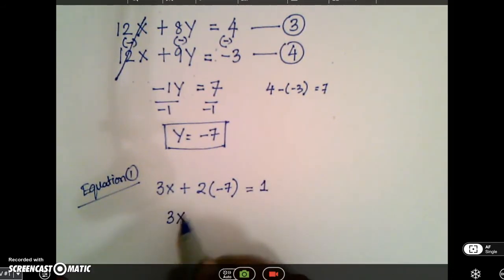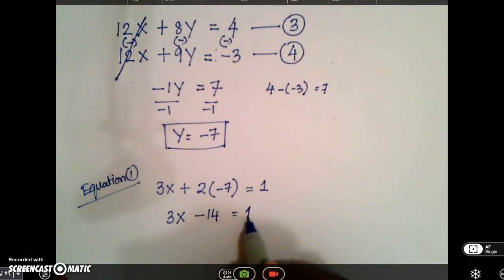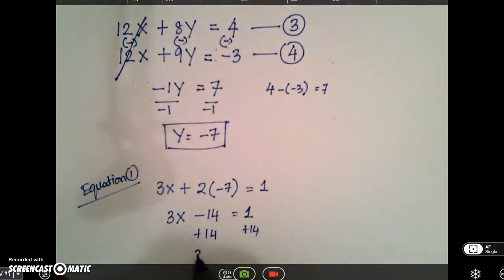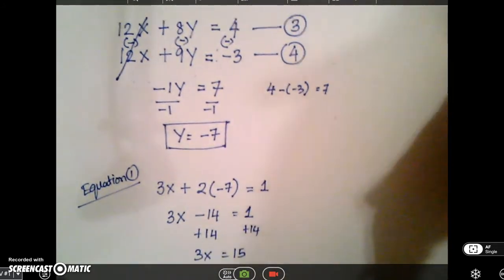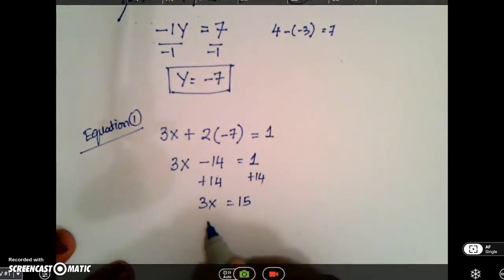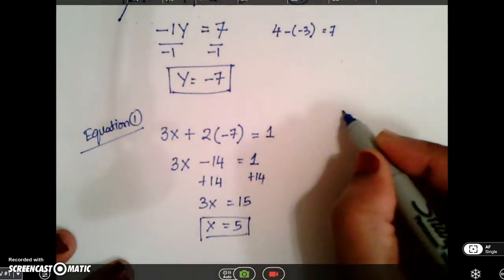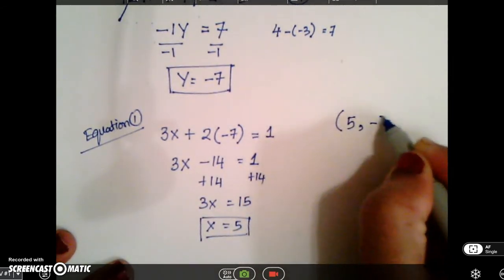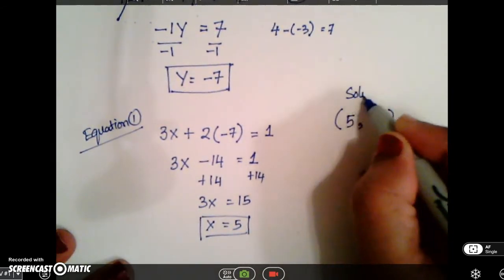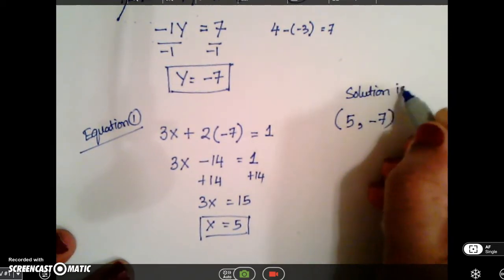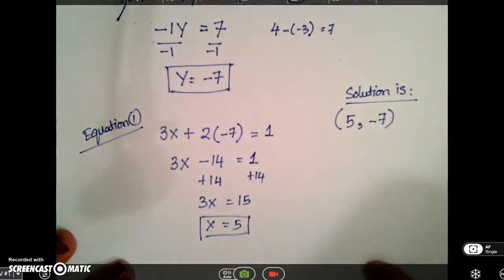Or 3x, 2 times negative 7 is negative 14, equal to 1. So I add the 14. I get 3x is equal to 15, or x is equal to 5. So I got my solution, 5 comma negative 7. The solution is 5 comma negative 7.